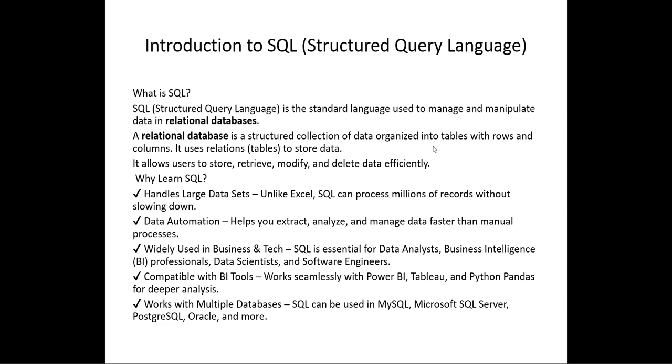You may have certain data in one table and certain data in another table. Now when you need to retrieve those two, how would you do it? You have to have some kind of relation, and that's what relational databases and tables mean here in a nutshell. It allows users to store, retrieve, modify, and delete data efficiently.